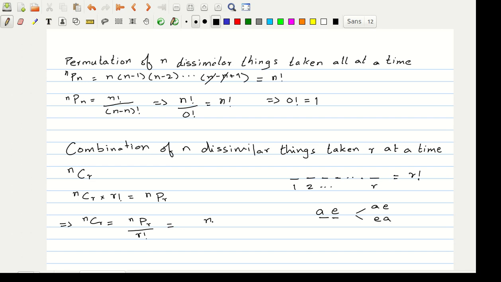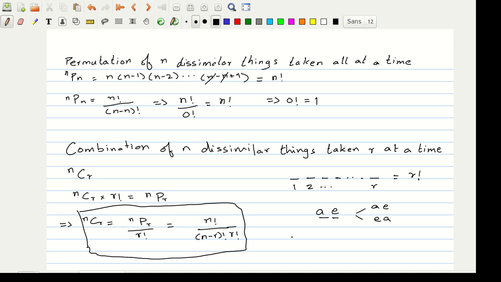NPR is factorial n divided by factorial n minus R. So NCR will be factorial n divided by factorial n minus R, divided by factorial R. And we get this formula for the combinations.